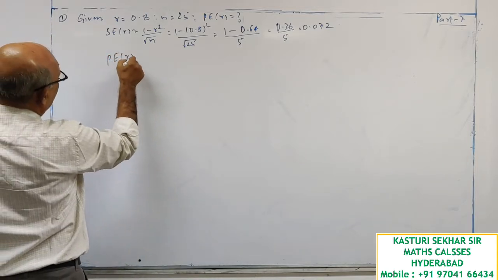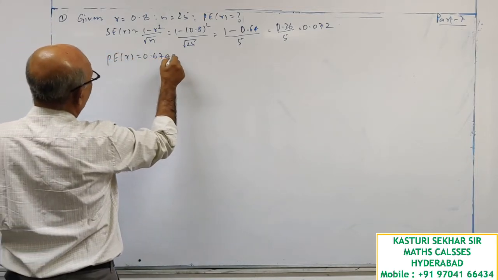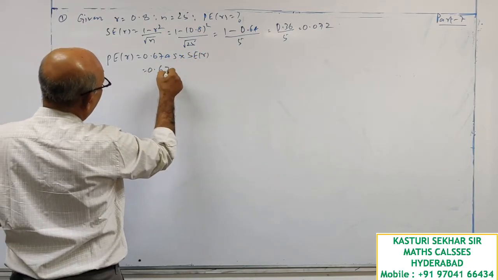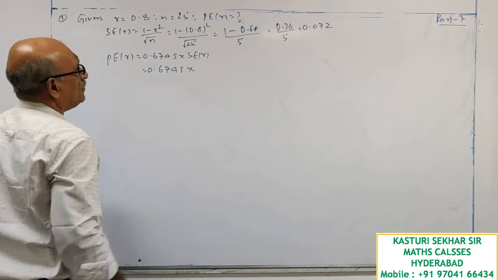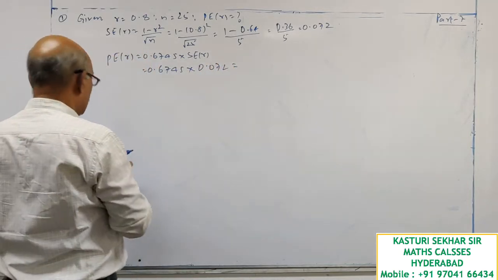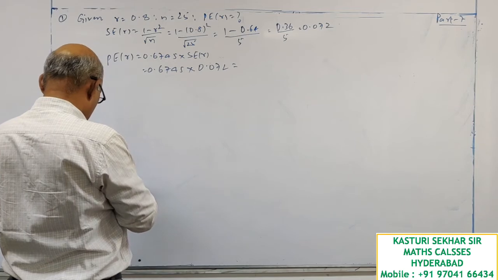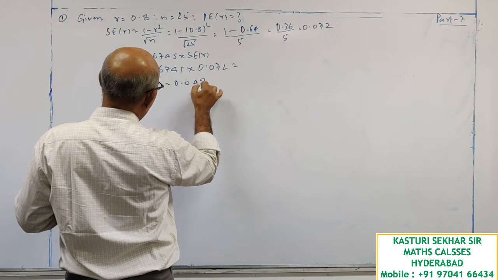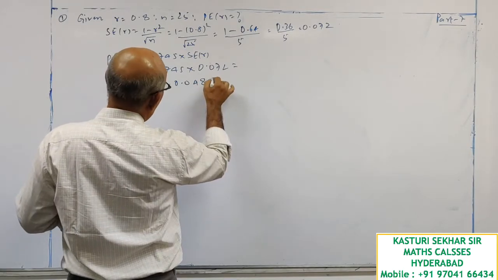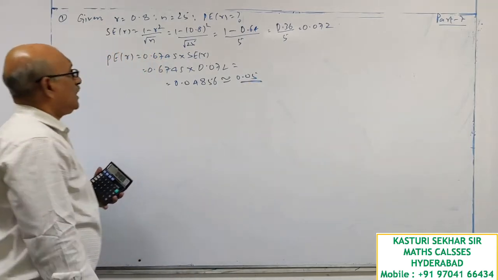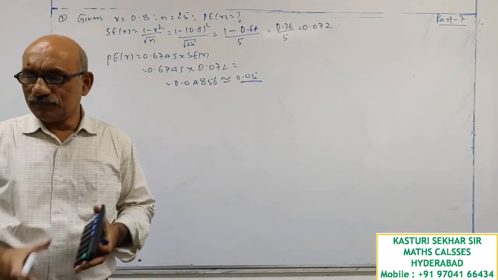Probable error of r is equal to 0.6745 into standard error of r, 0.6745 into 0.072. This is 0.04856, approximated to 0.045. This is the probable error of r.